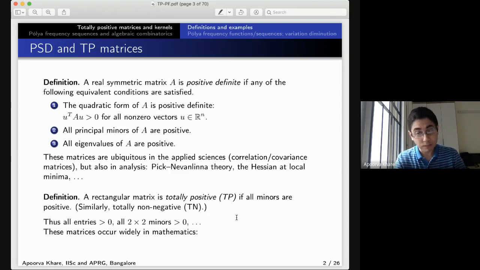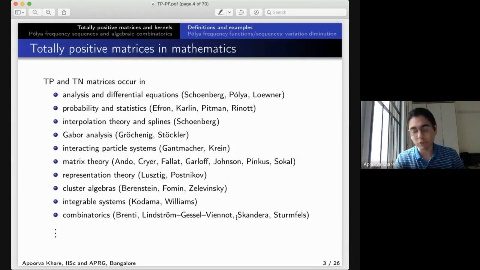These matrices occur all over mathematics, and here are some areas and names of people who have contributed. From analysis in differential equations, this is Schoenberg's work in 1930, which predates by 20 years his work on Polya frequency functions in 1951. In probability and statistics, Sam Karlin is a big name here.